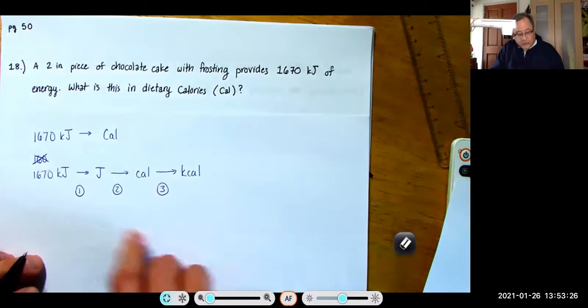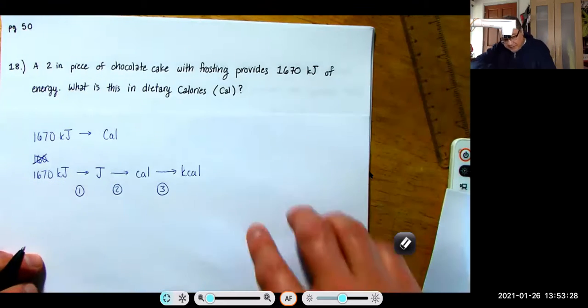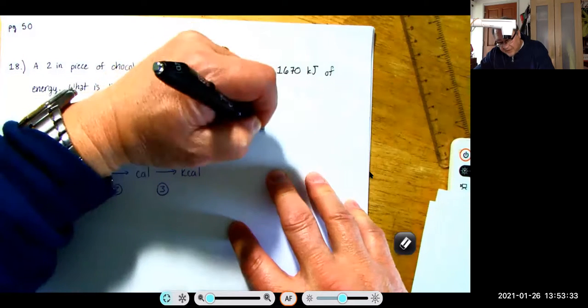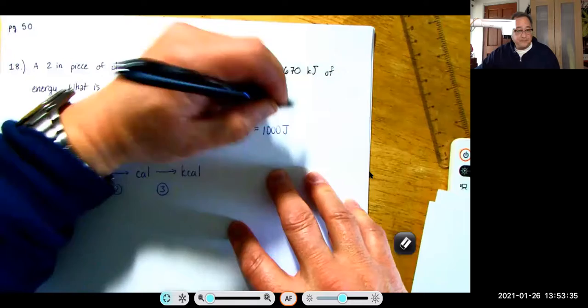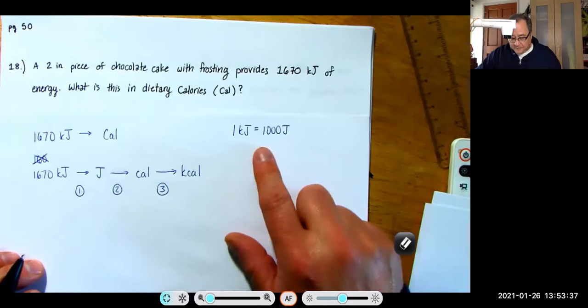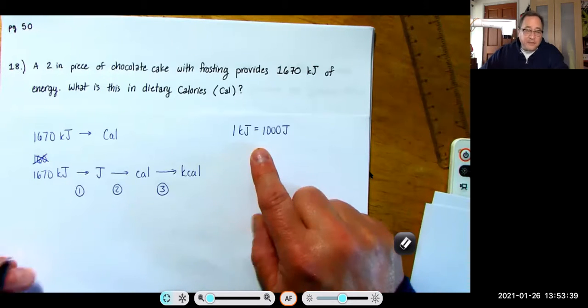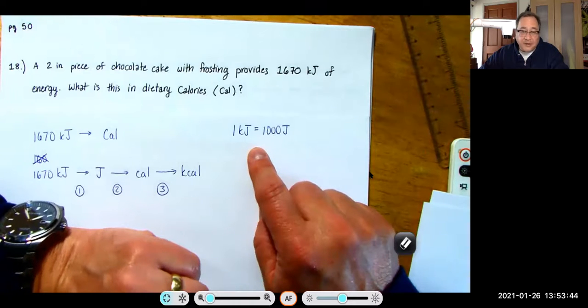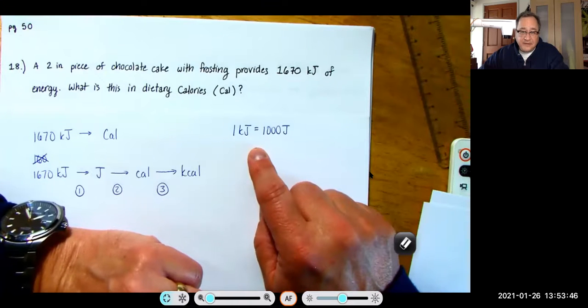So kilojoules and joules, we could write 1 kilojoule is equal to 1,000 joules. Now, would you bet your bippy on this conversion? That is, would you bet everything you own that this is correct? That's a yes or no question.